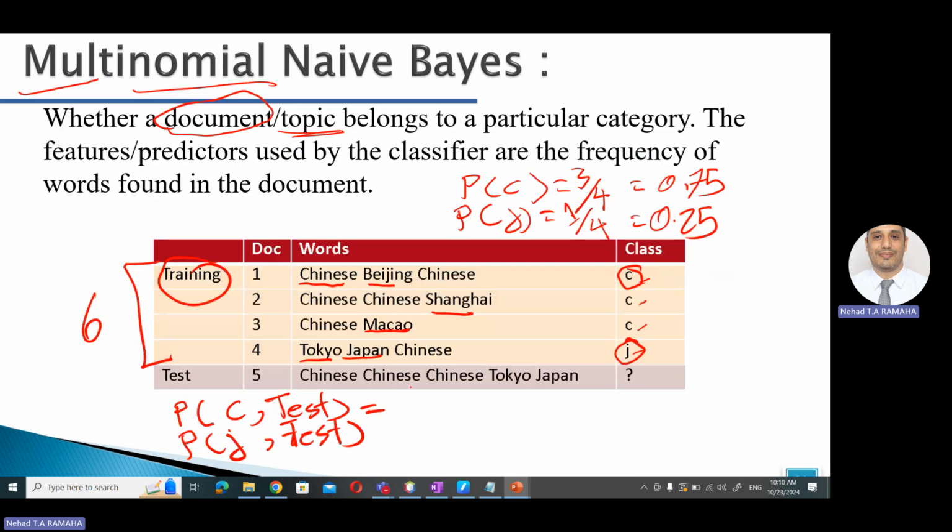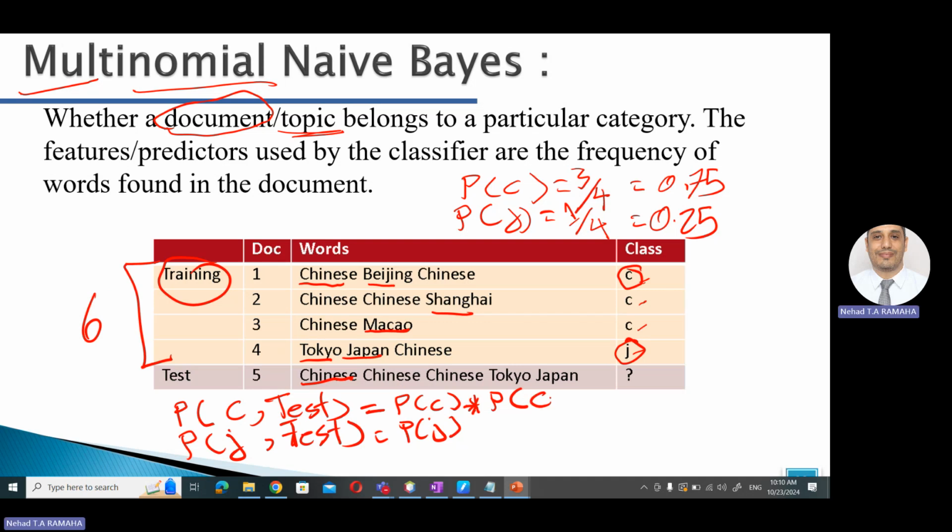It's equal probability of category C. This one equal probability of category J multiplied by probability of each word with the category.